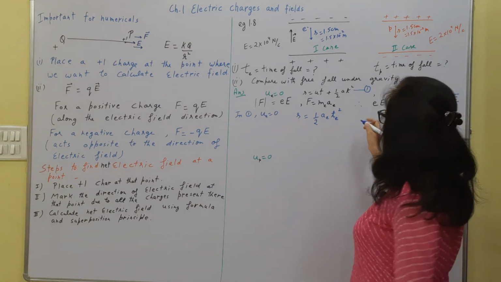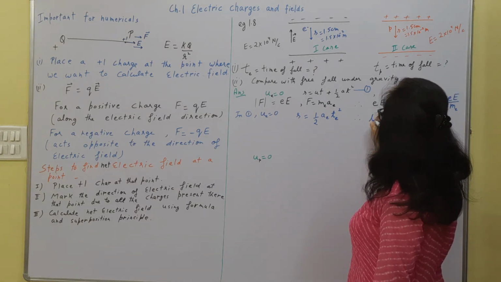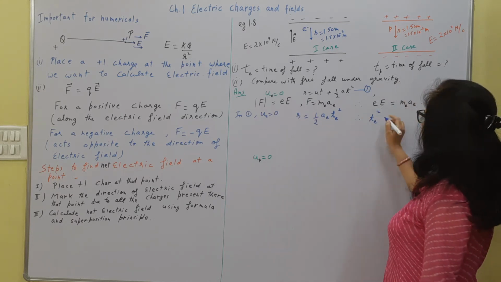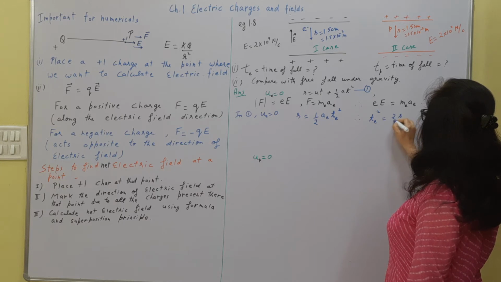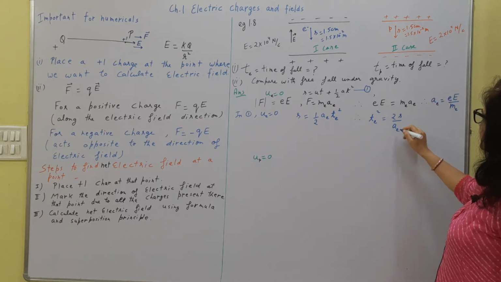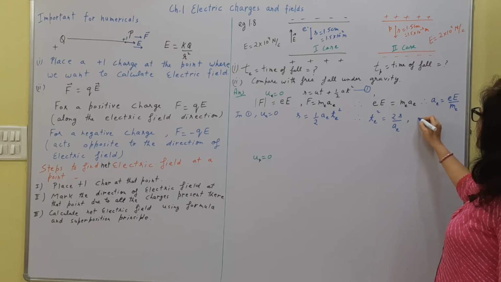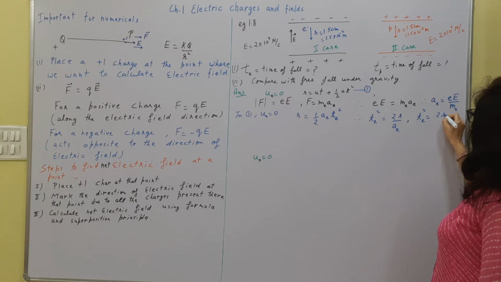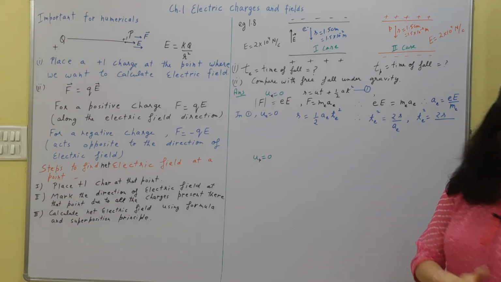right. So from here t_e square can be written as 2s upon a_e. From here you can put the value of acceleration. What is the acceleration value?